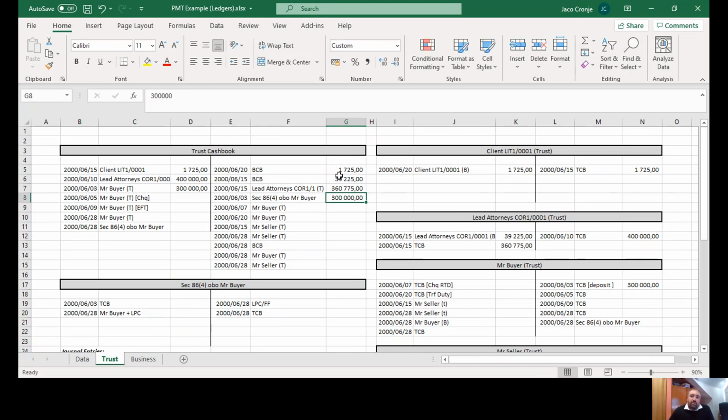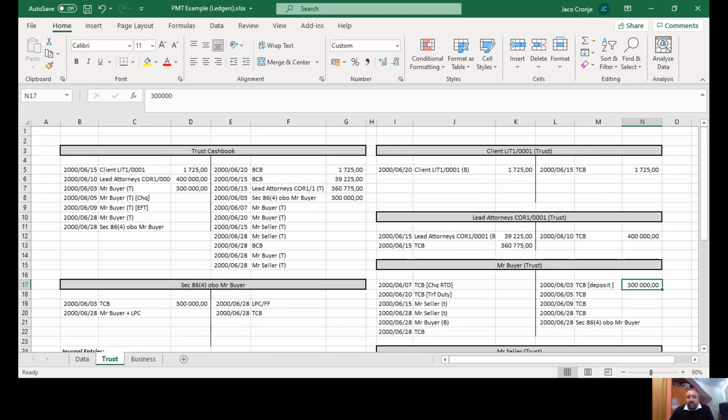So if that's the credit, where's the debit? The debit is section 86(4), 300,000 Rand. What did I not touch at this point? I haven't touched his trust ledger. Why? This trust ledger explains what my liability is towards Mr. Buyer. So at this point, my liability to him is 300,000 Rand.